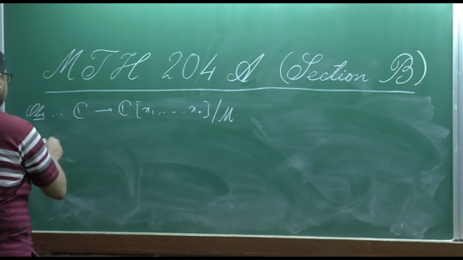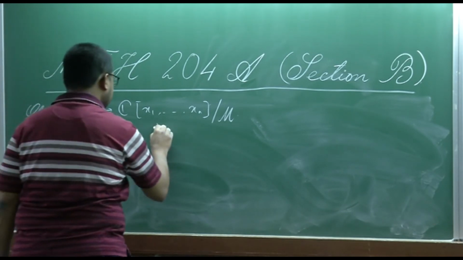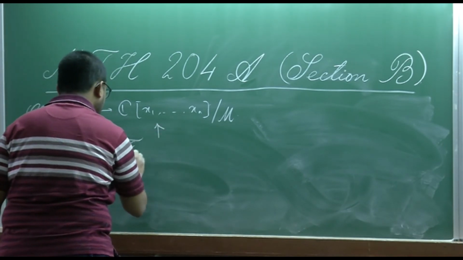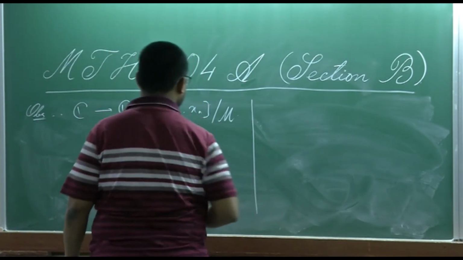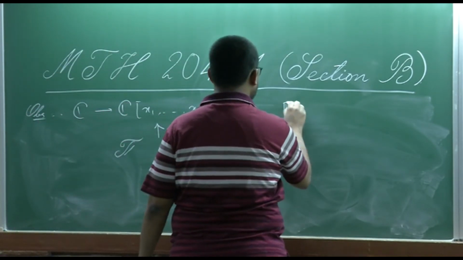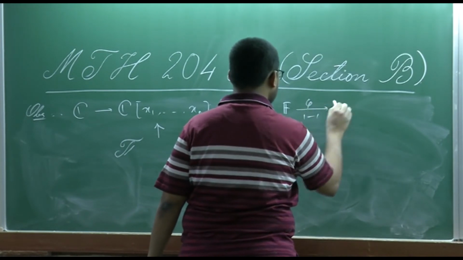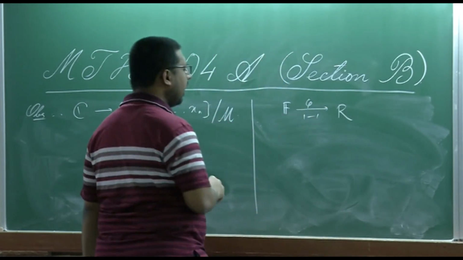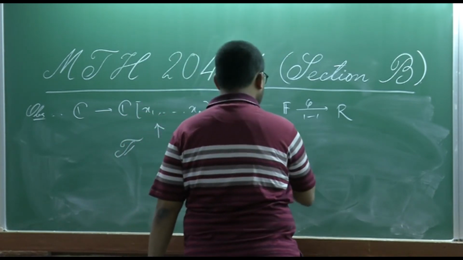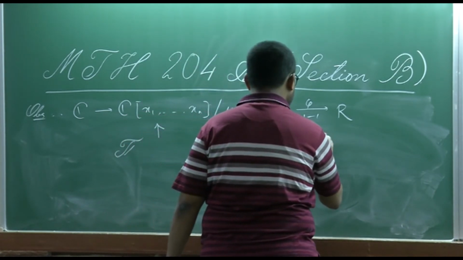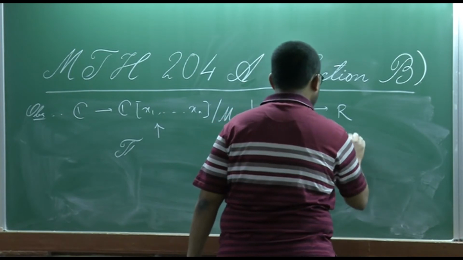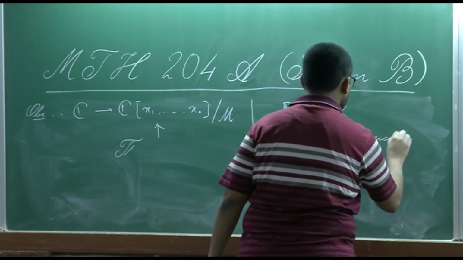So therefore the observation is, in fact let me make it in a somewhat more general form: suppose we are having a field F and an injective homomorphism phi from the field to any ring R, then R has an F vector space structure.